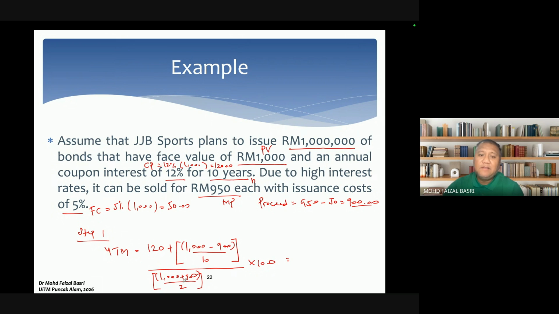So 1,900 divided by 2 becomes 950. So we divide by 950, and then multiply by 100. So it becomes 13.68%. Okay, so this is our step 1 to determine the YTM, 13.68%.